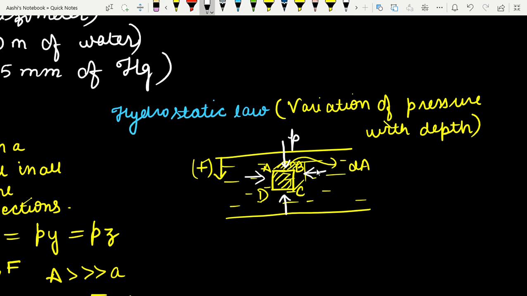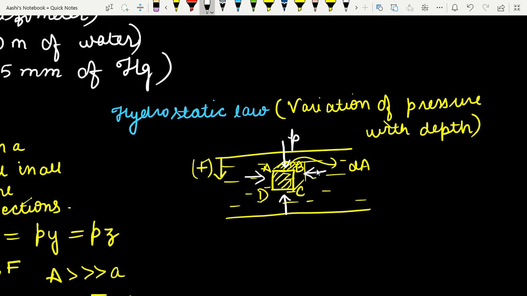So for the surface just below, what will be the pressure in this direction? It is always a compressive force. Now if you look at this fluid element, the horizontal forces will cancel out each other.